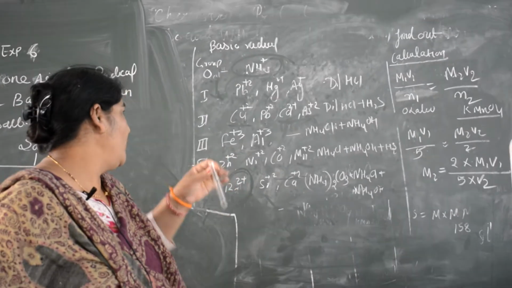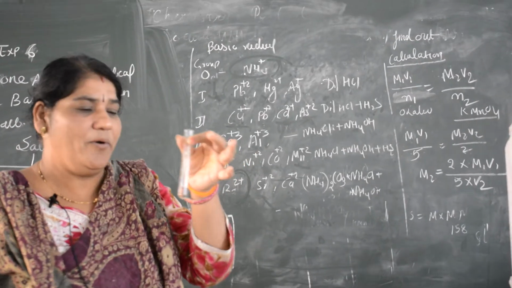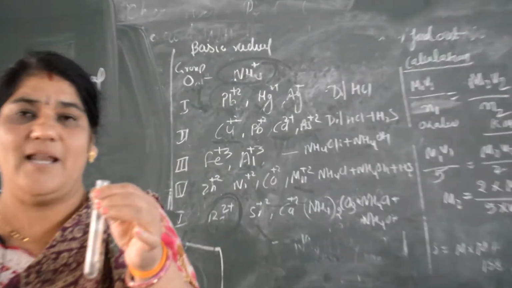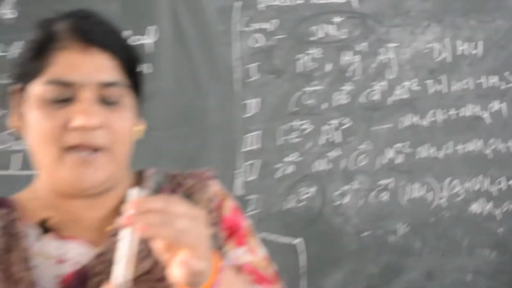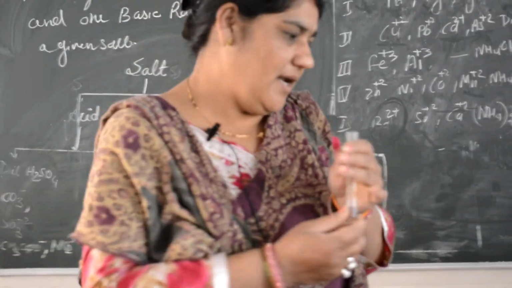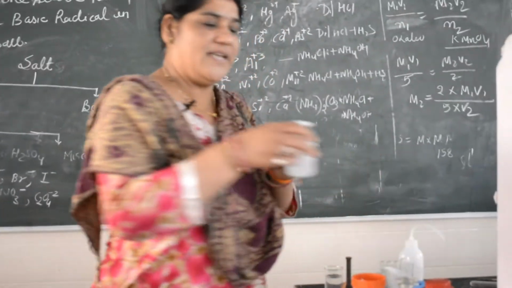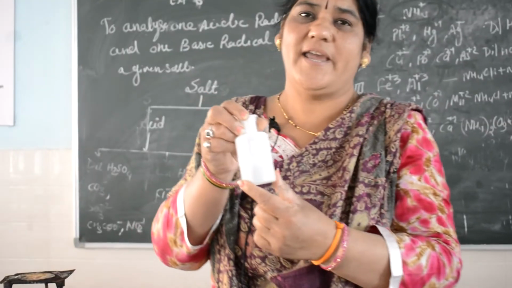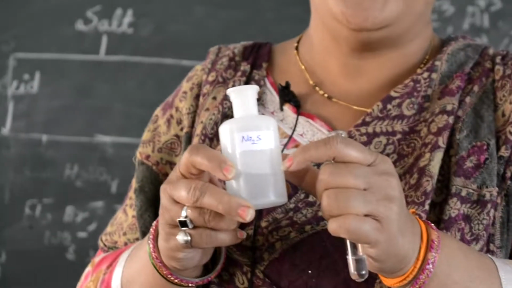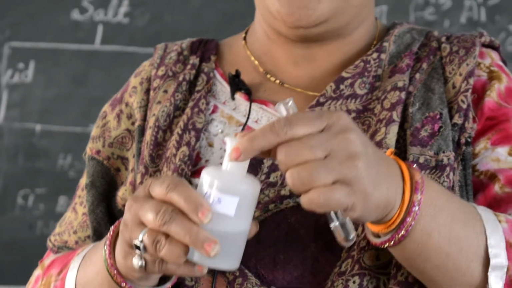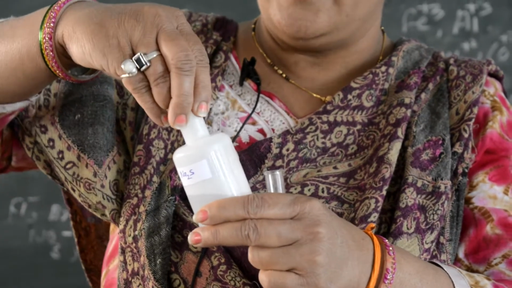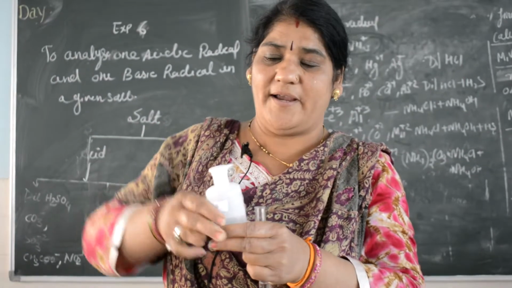Now we go to the second group, where the group reagent is dilute HCl and H2S gas. I have already taken dilute HCl. In place of H2S gas, you can take Na2S solution, that is sodium sulphide solution, because we require only sulphide ions.